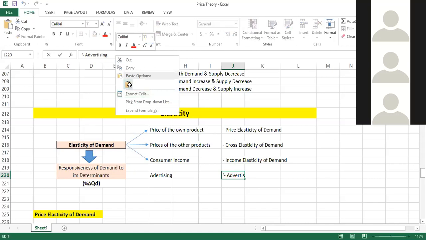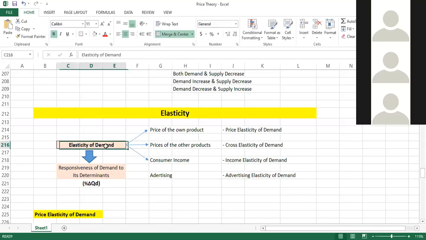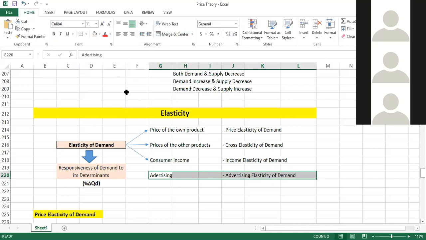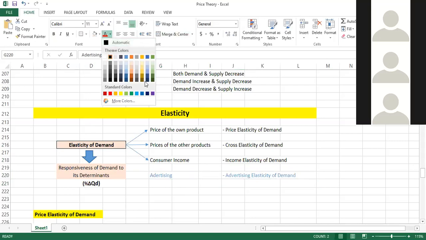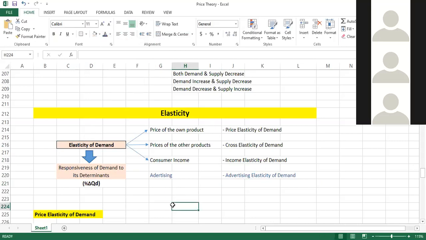In that way, this elasticity of demand we can analyze under any factor. This is what I have seen in addition to these three factors in some of the books that I have referred. In some books different factors may be considered.